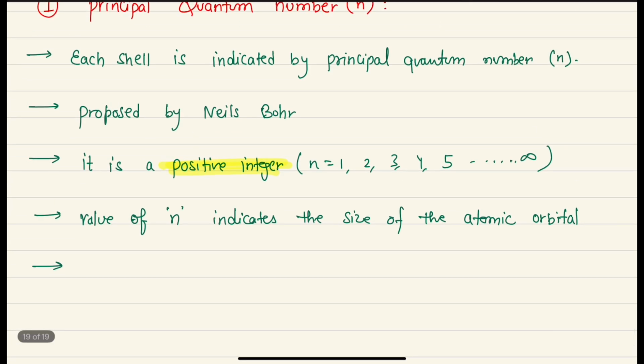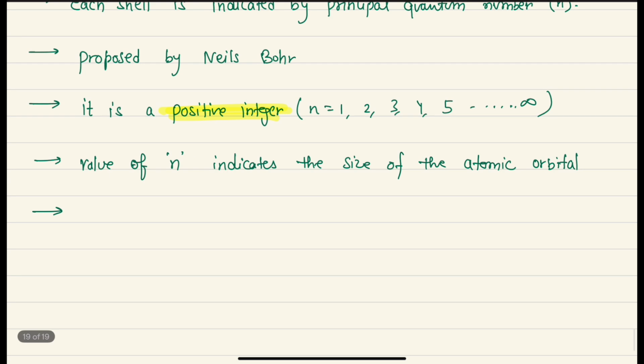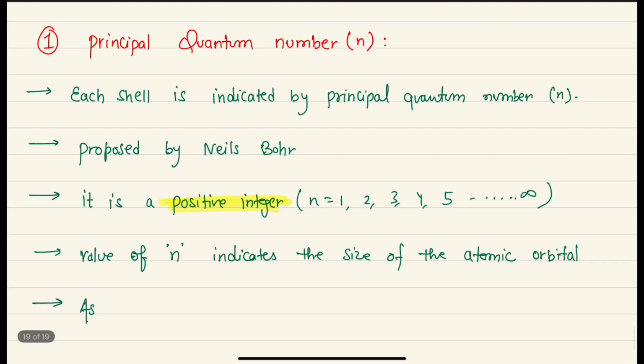Now, this is the fifth point. As the quantum number increases, if you increase the principal quantum number, then electron energy also increases.